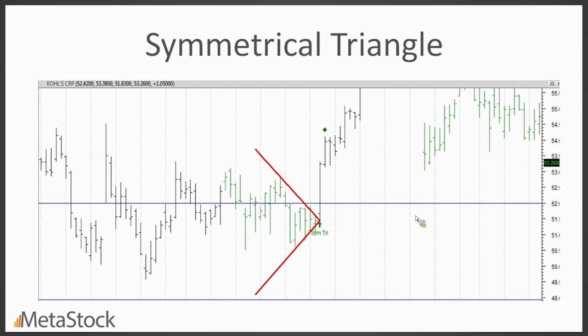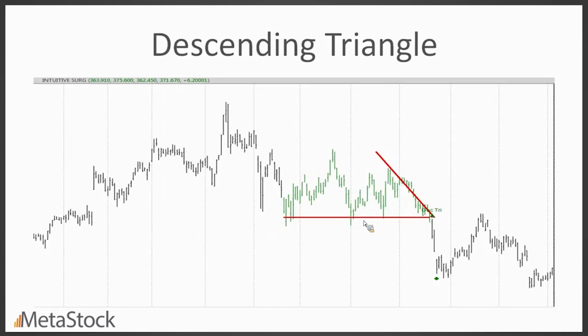And at the end of this pattern, we actually break out to the top. Okay. So a symmetrical triangle is a channel of compression coming to a point, and then the breakout afterwards. The descending triangle is a little bit different. What we're looking for is the instrument to actually break the support level at the bottom.